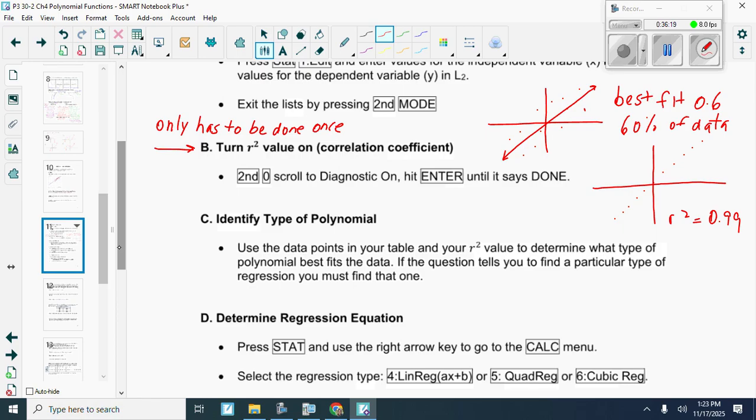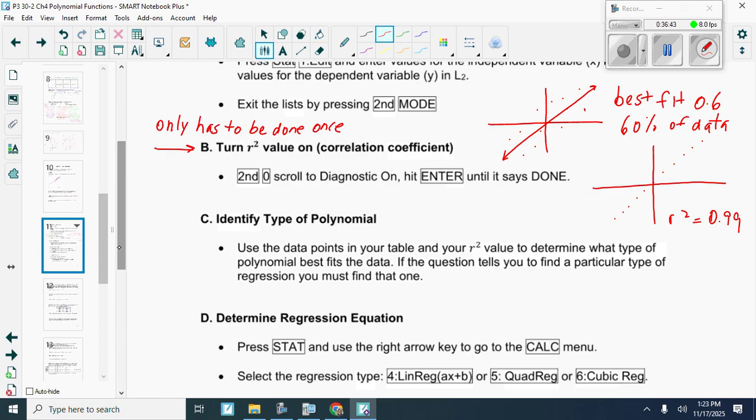That would be really good. So if you had a bunch of data and they asked you to do a line of best fit, but you weren't sure if the data was linear or quadratic, when you do your regression, you would look at the value of this R-squared, and whichever one was closer to 1, that's the one that you would choose.